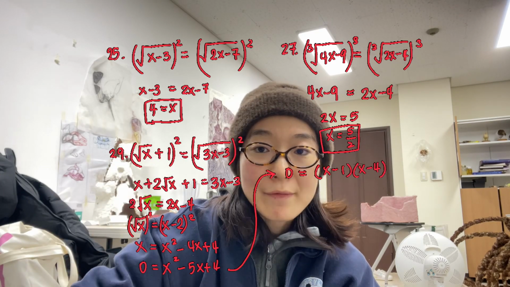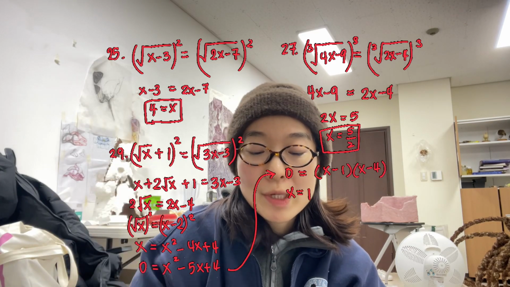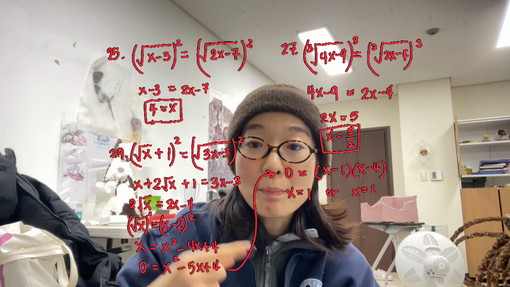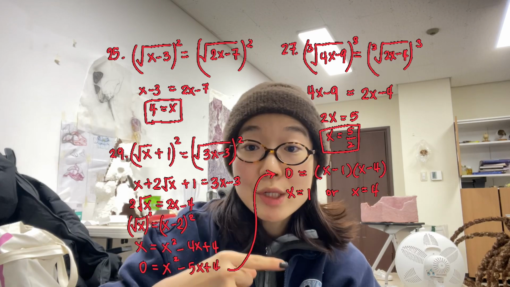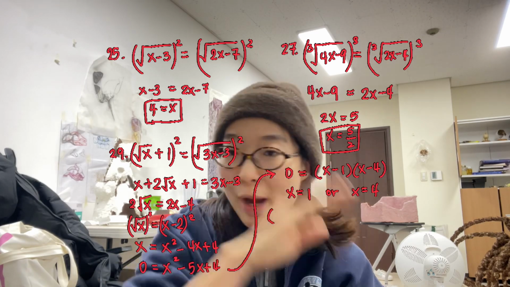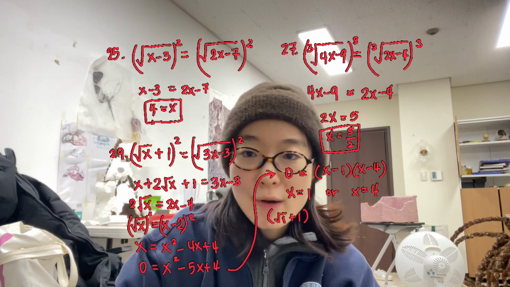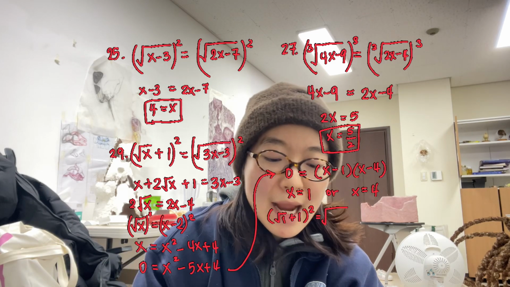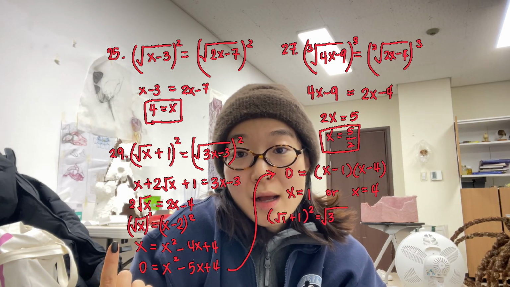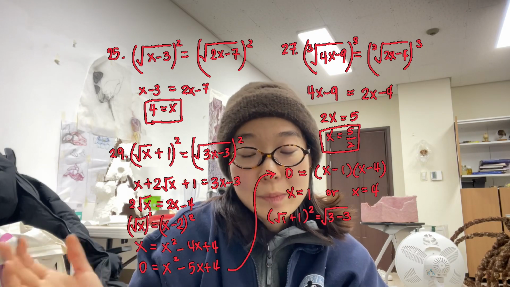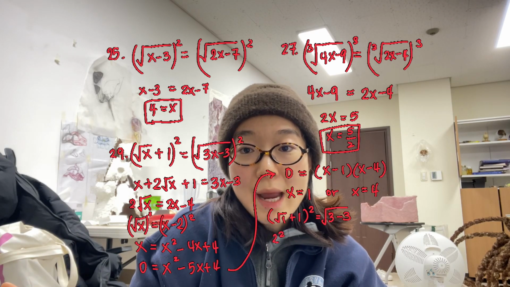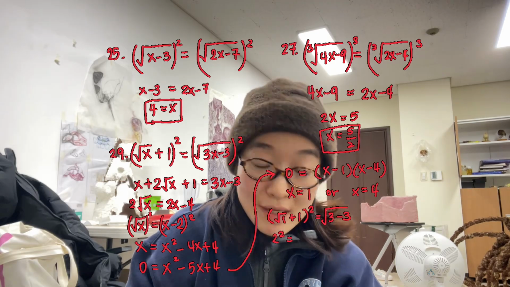And now what we have to do is substitute both potential solutions into the original equation, from before we were squaring everything, and see if the original statement, square root of x plus 1 equals square root of 3x minus 3, is valid.